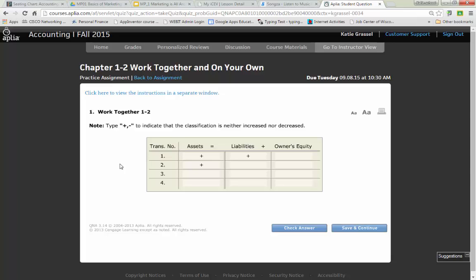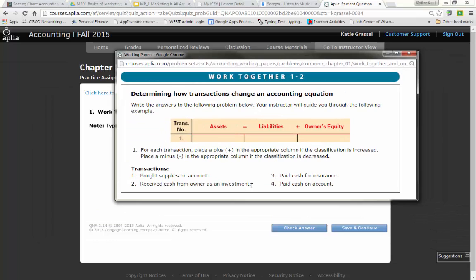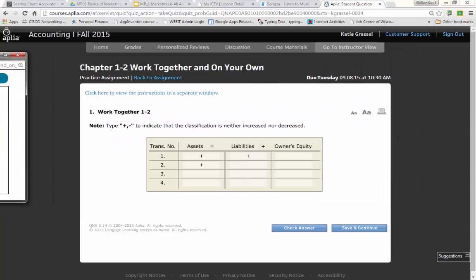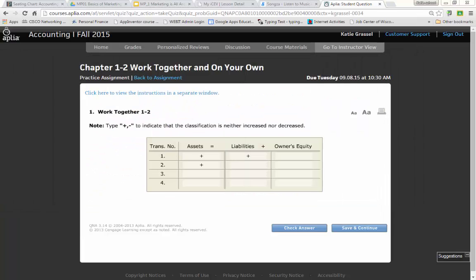For transaction number 2, receive cash from owner as an investment. We are on transaction number 2 right here. So the first one Ellie said was cash, and for investment, where would investments be?